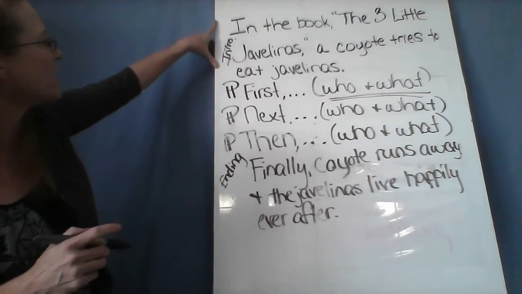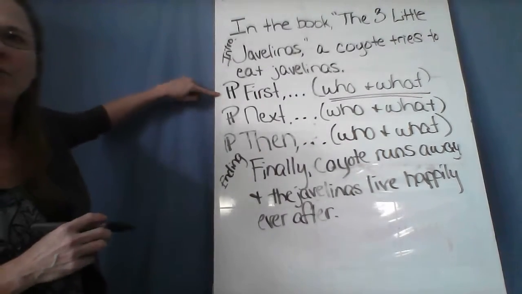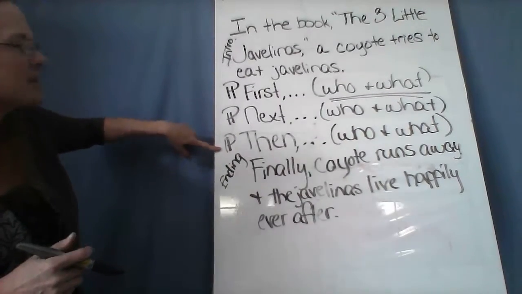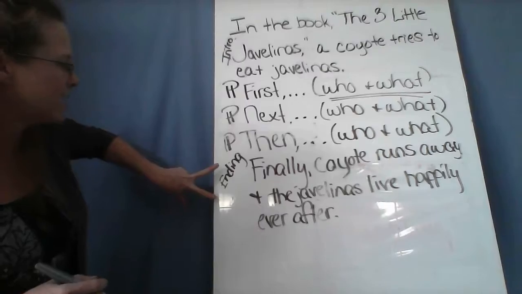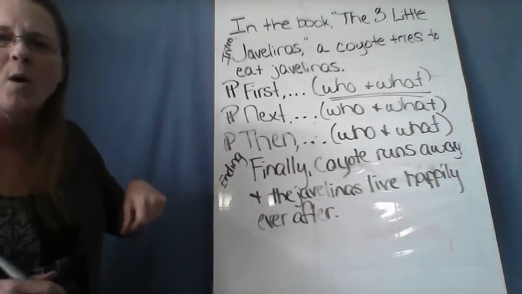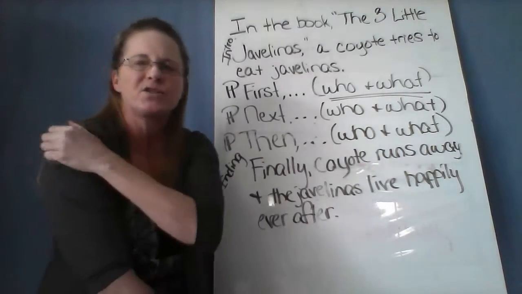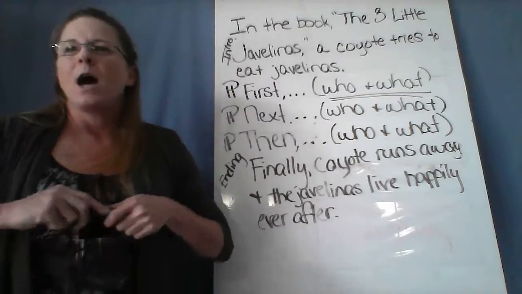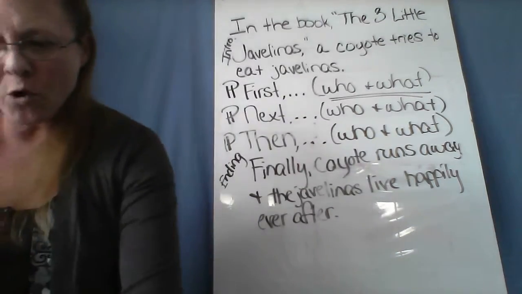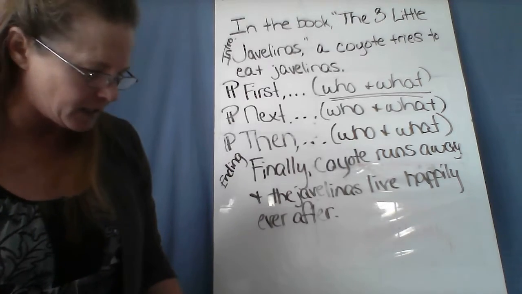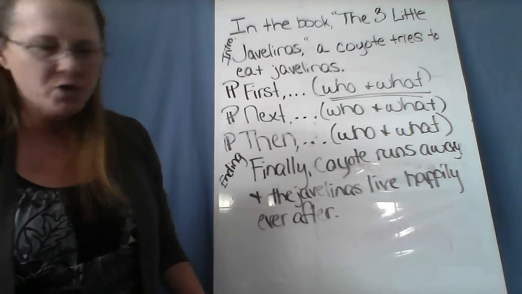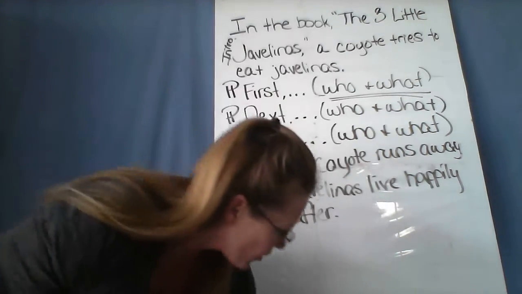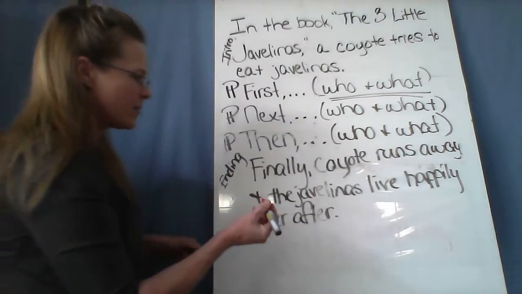We should have our introduction, our first main event, our next main event, the next event after that, and then our ending of what finally happens at the end of our story. Okay? Before you start writing, I want you to write one of our transitional words. And we will write these up here as a reminder.